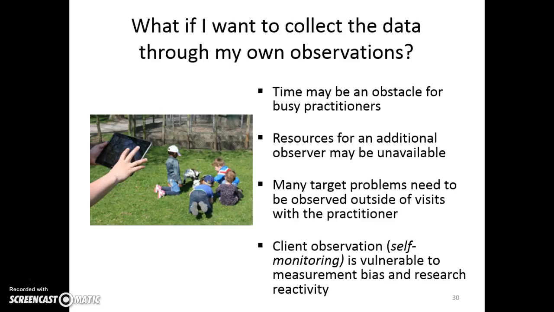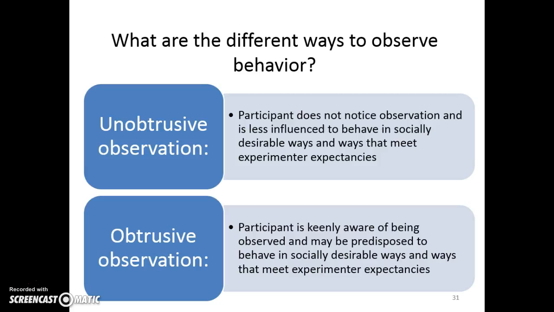So you might have somebody be that much more aware of how many times they wake up and put a little bit of extra effort to modify their behavior simply because they know they're being observed. So that's the issue with clients reporting their own observations.